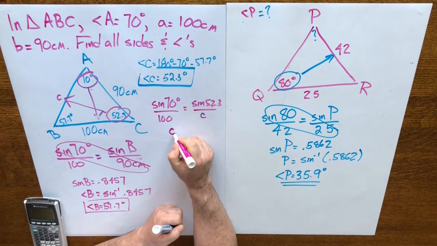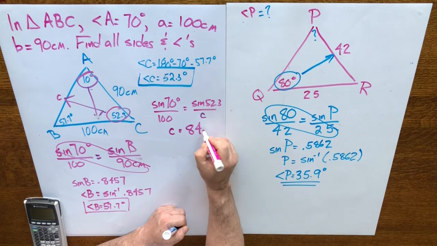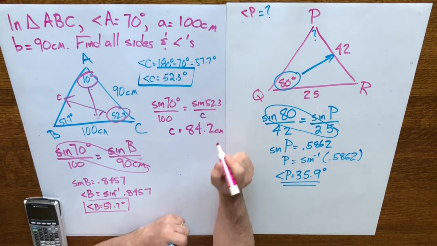And that gives you side C to be equal to 84.2 centimeters. So that's the law of sines.